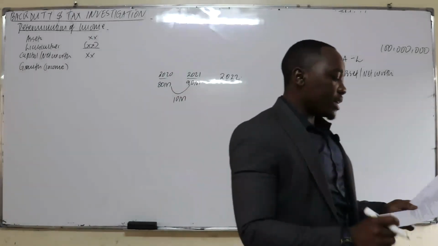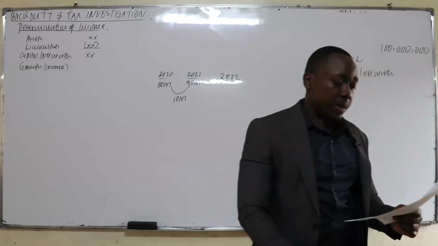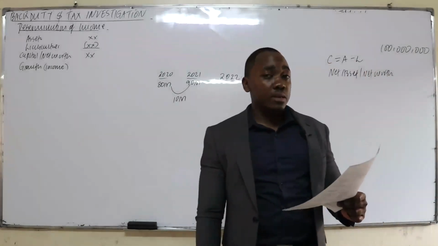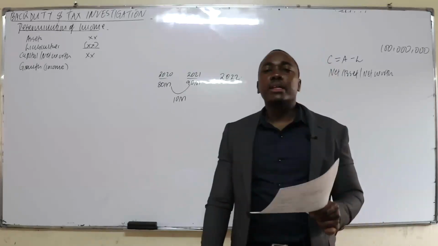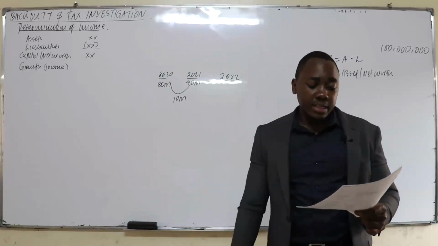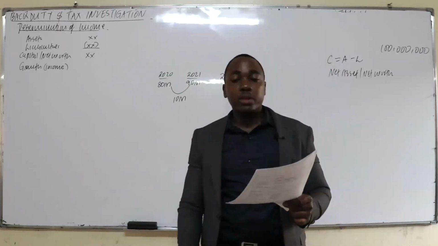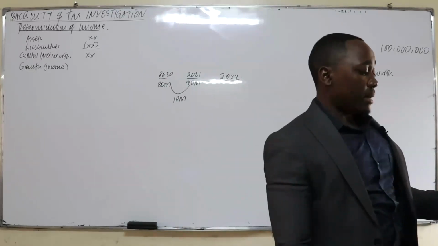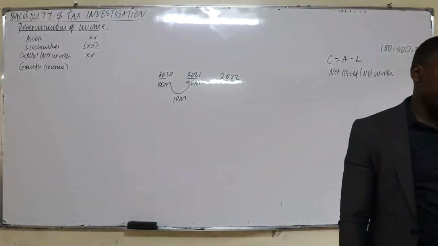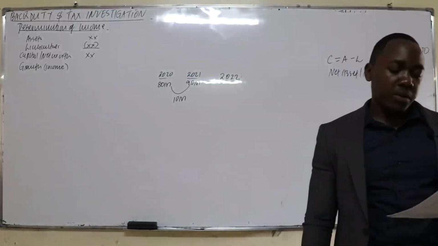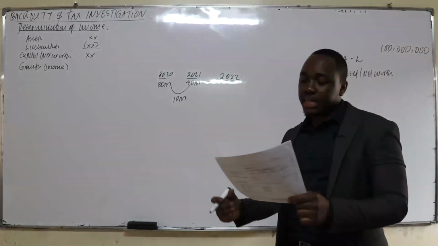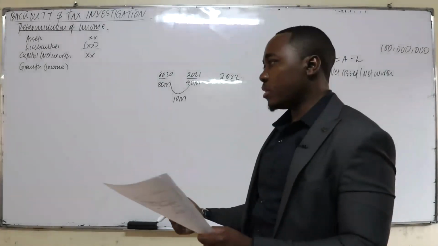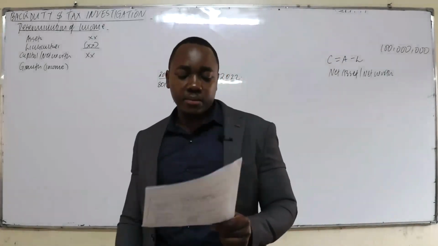One, you ascertain all the assets of the taxpayer, whether private or for business. Number two, you ascertain all liabilities of the taxpayer, whether private or personal, or business. Number three, you determine the net capital or wealth of the person by determining the difference between step one and step two. That's the asset minus liability.